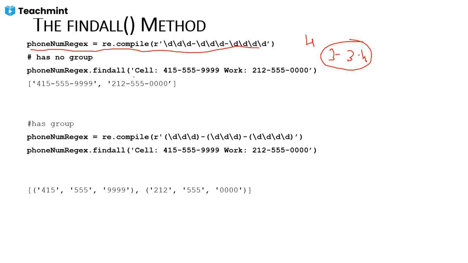As you can see, the string consists of two phone numbers. In the earlier case, with search, it finds the first occurrence only, but here it checks all the occurrences till the last character. It returns two matching objects in the form of a list: this is the first matching object and this is the second matching object.